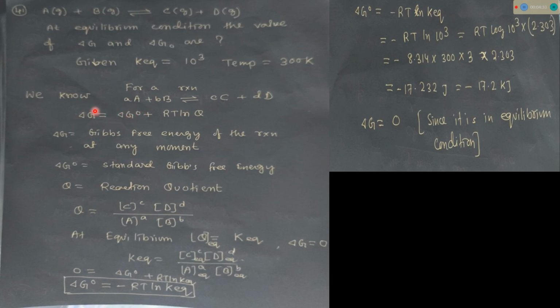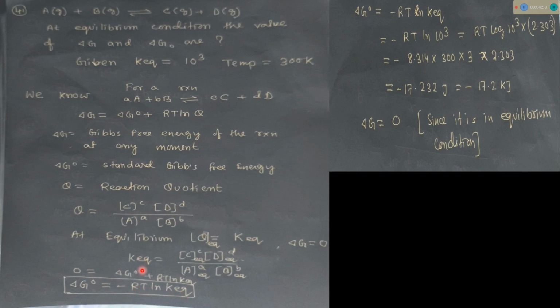From these equations, del G 0 becomes minus RT ln K equilibrium. So at equilibrium conditions del G equals 0 and del G 0 equals minus RT ln K equilibrium.